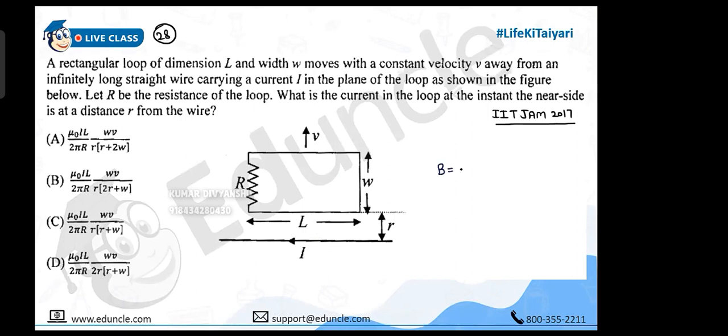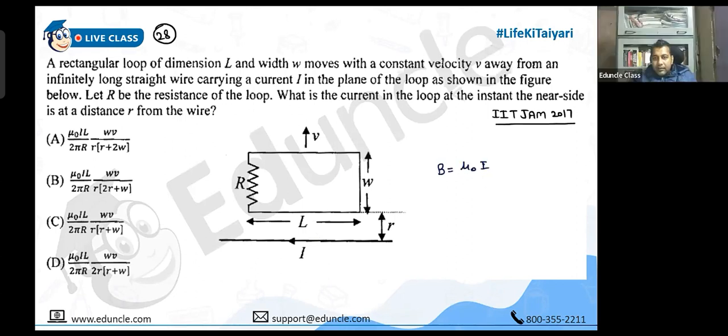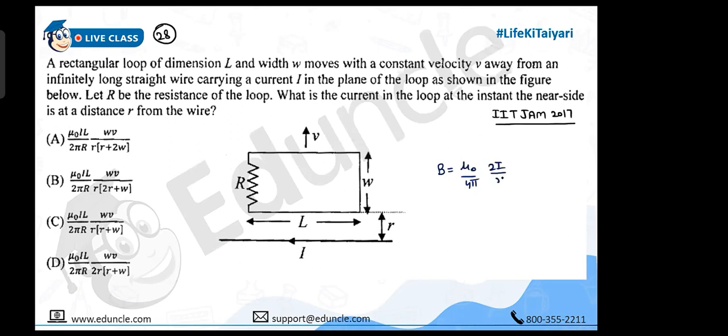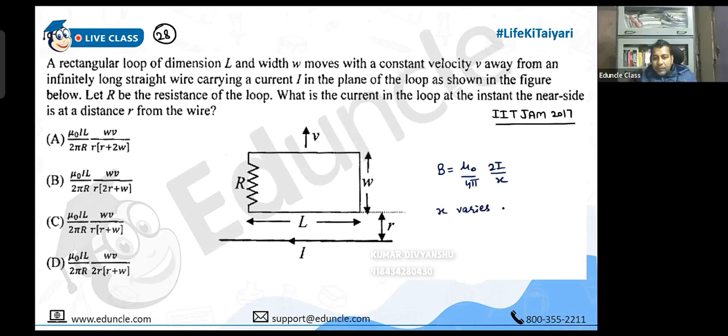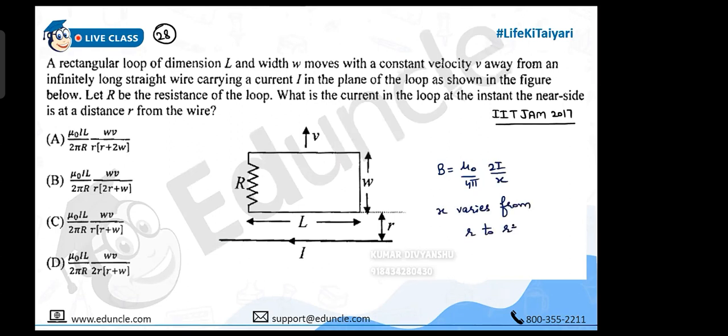Magnetic field of this kind, mu naught I by 2 pi x, and x varies from R to R plus W. So we have to calculate the change in flux. So you need to integrate it actually.